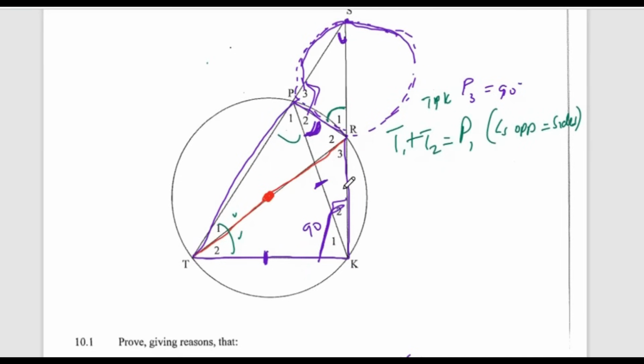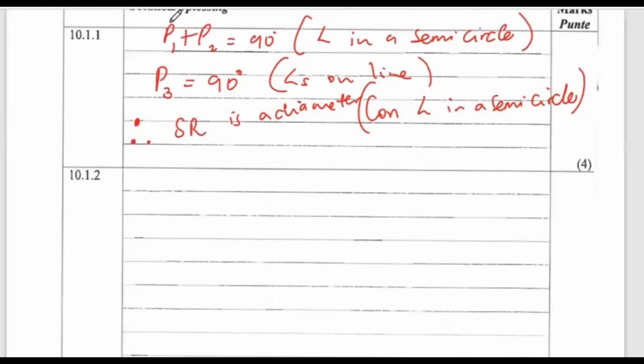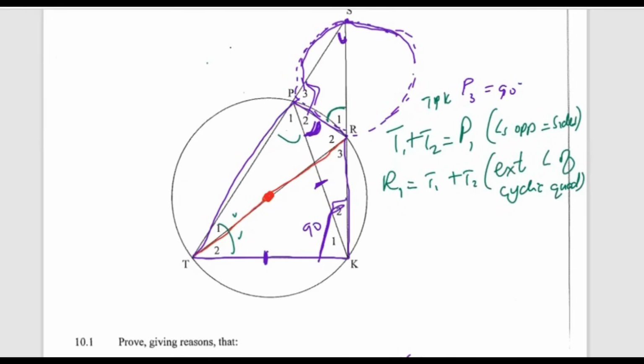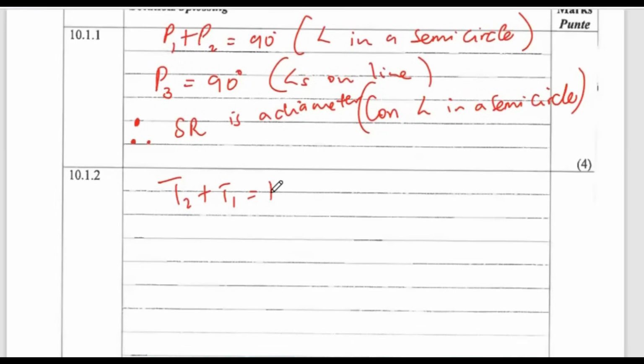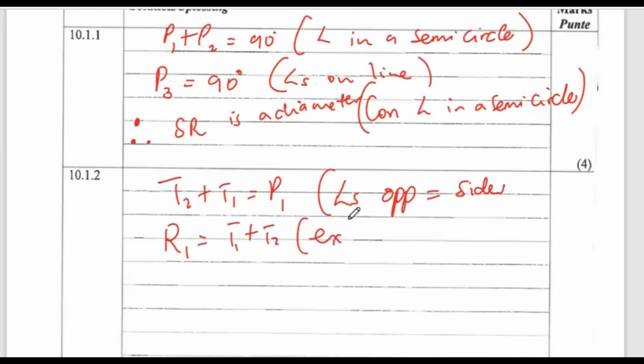Then R1 is going to be the same as T1 plus T2. The reason is exterior angle of the cyclic quad. Then write it this side, same: T2 plus T1 is the same as P1, reason angles opposite equal sides. And then same R1 is the same as T1 plus T2 because of exterior angle of the cyclic quad.